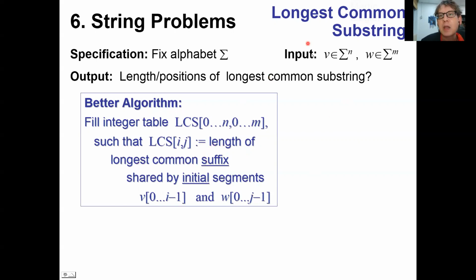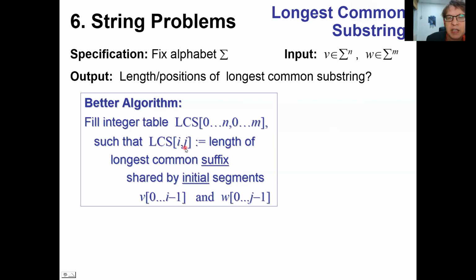So there are several subtle but important aspects to point out here. Namely, first, here we're talking about suffixes. We're talking about initial segments of these strings, and we're talking about longest common suffixes. And these suffixes are what will help us to actually fill that table.